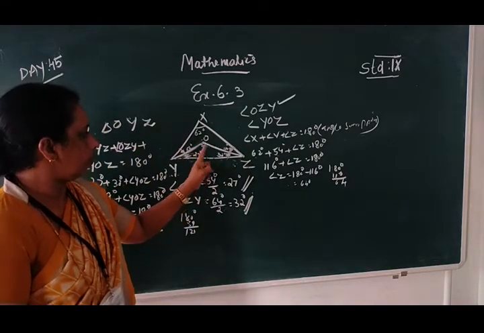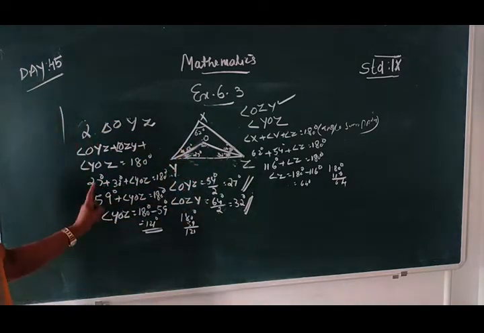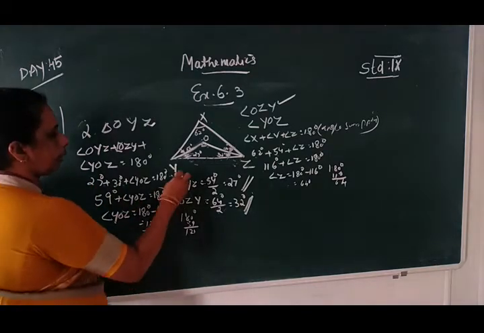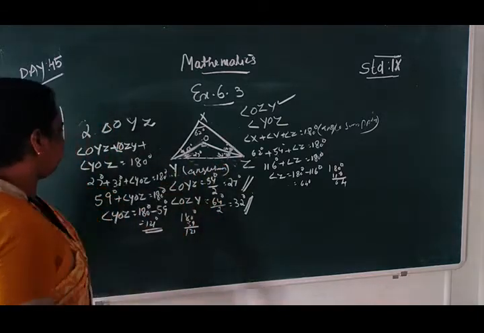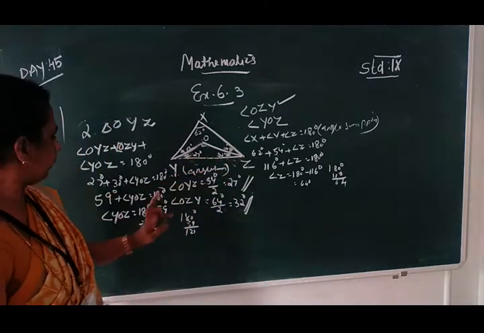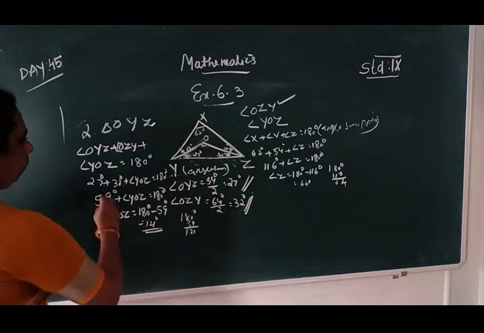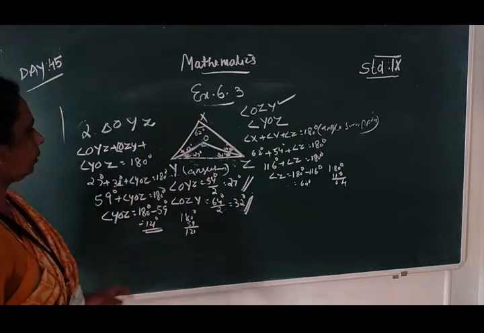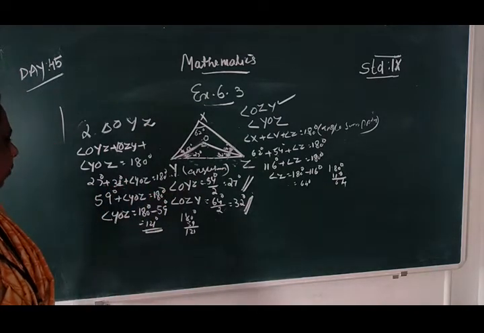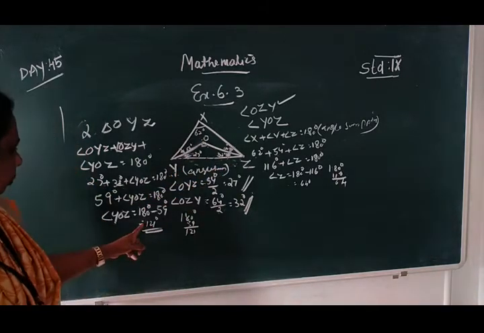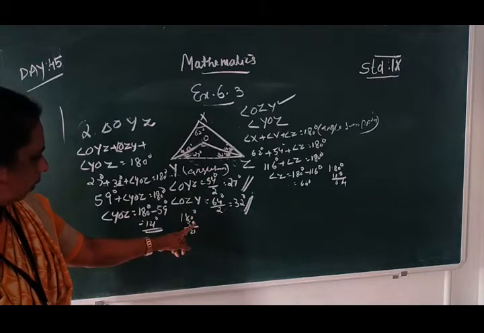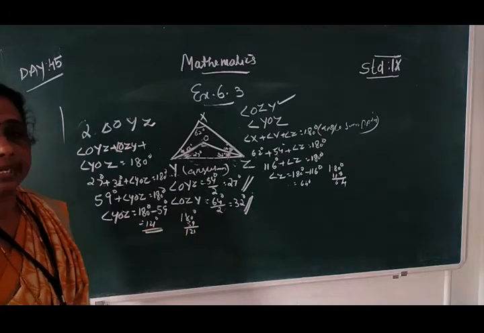The sum of these three angles is equal to 180 degrees. Which property? Angle sum property. Then 27 degrees plus 32 degrees plus this angle is equal to 180 degrees. We will get angle YOZ is equal to 121 degrees.